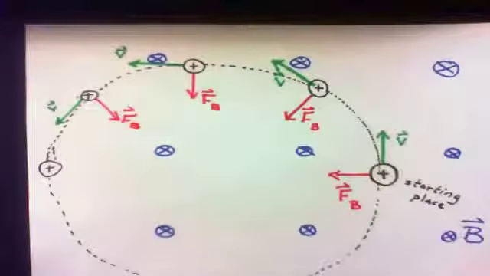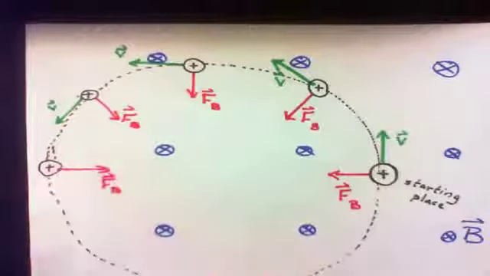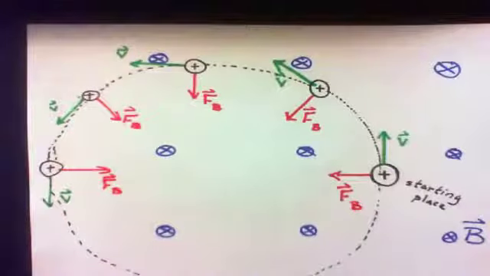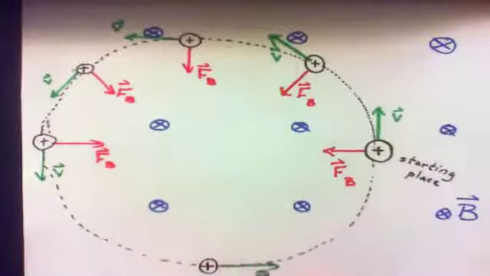And if you look at each point, the direction of the force is toward the center of that circular path. Well, if we have a force acting towards the center of a circular path, we have a name for that. That is a centripetal force.